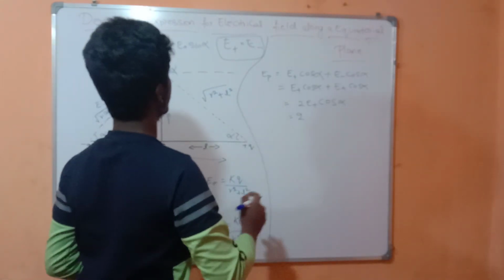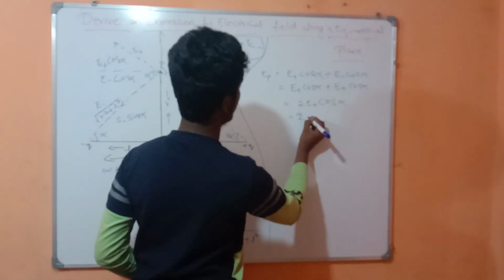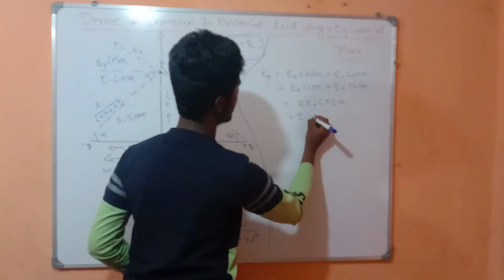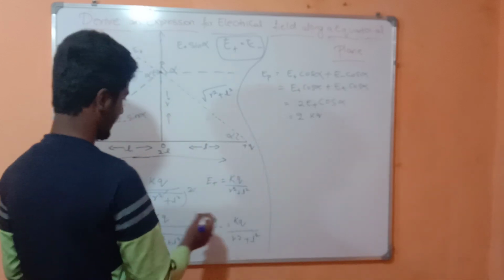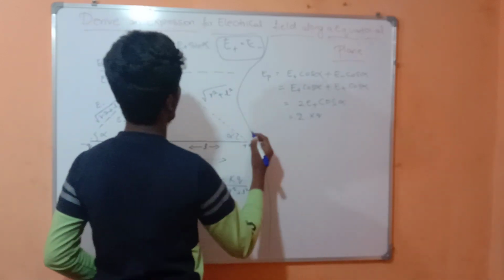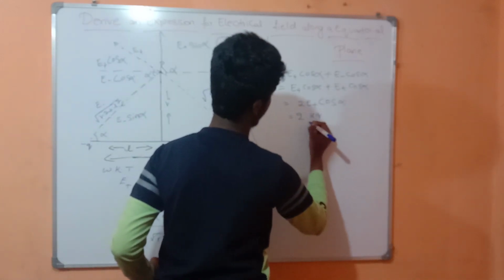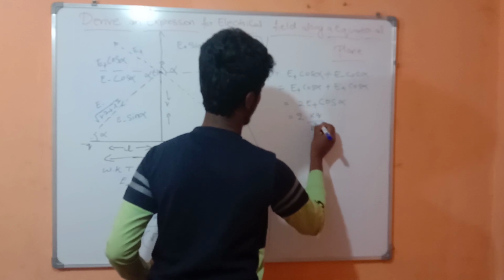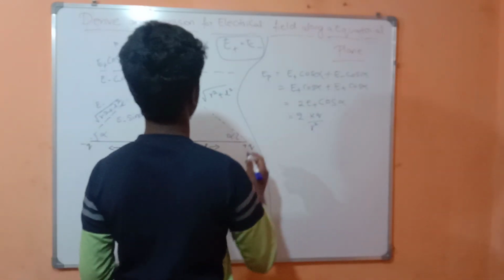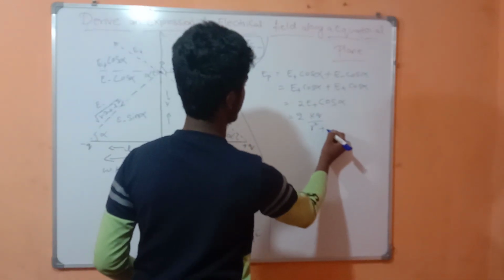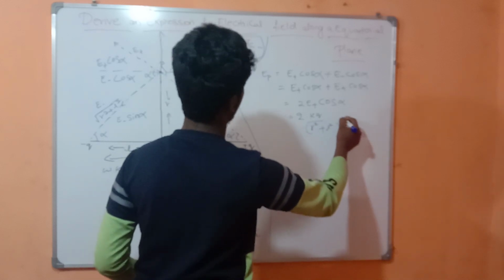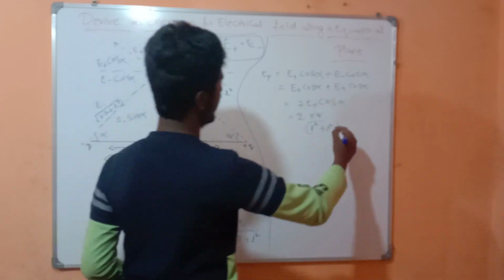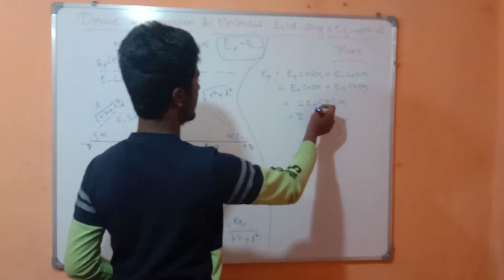That is K times K into charge divided by R square plus L square. Here into, we have a multiplying symbol.